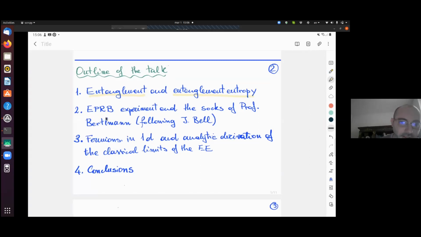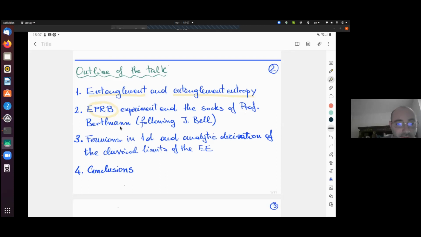It has to do with what entanglement really is, at least for me. This will be explained through a famous experiment which everybody knows, an EPR experiment, but also with an analogy that maybe some of you do not know, due to John Bell: the socks of Professor Bertlmann of CERN.